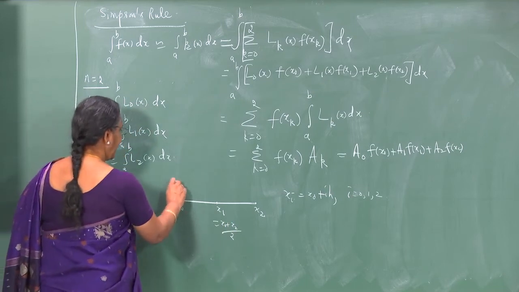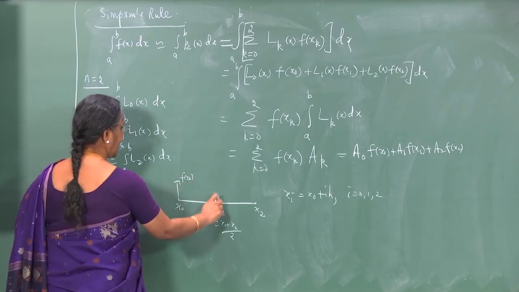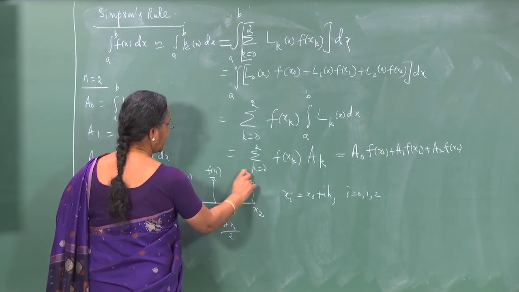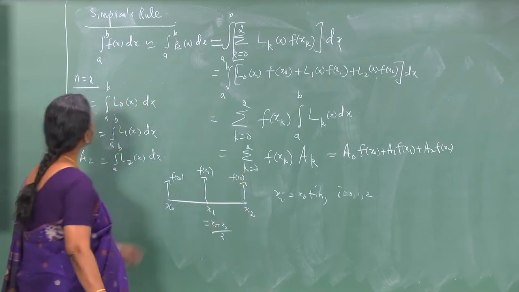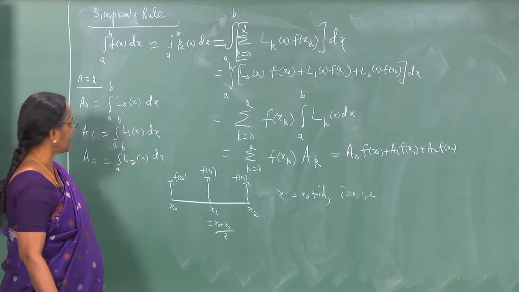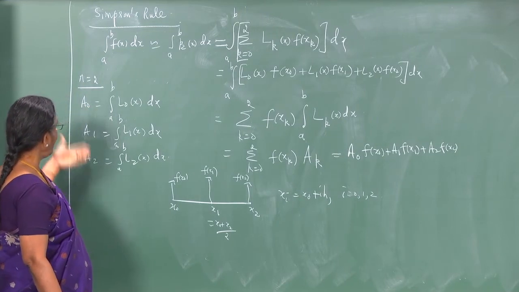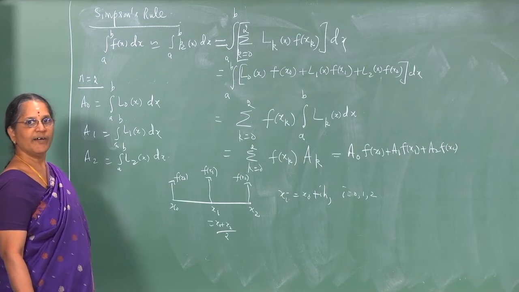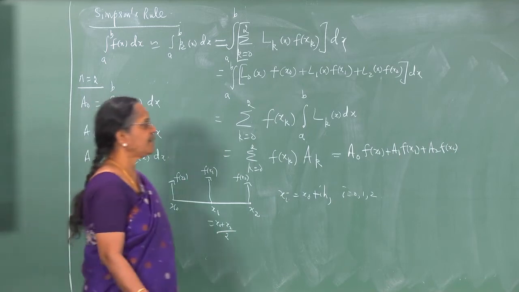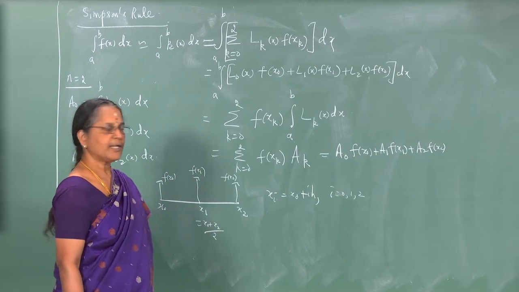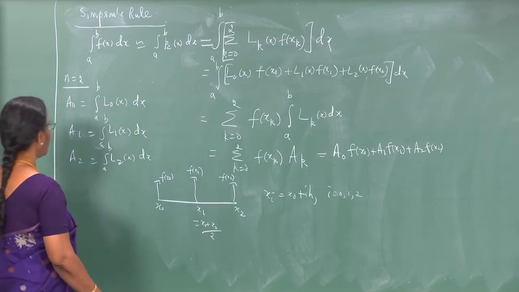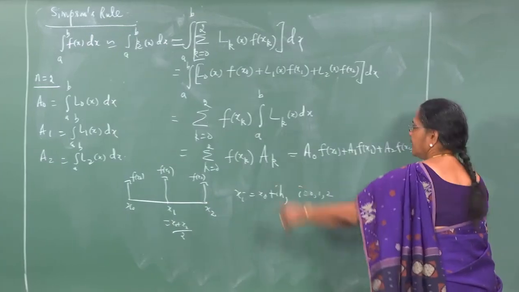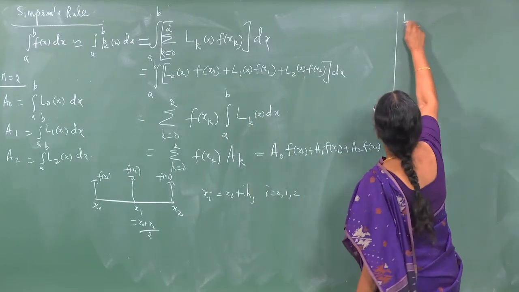I evaluate the ordinates at these points, since I know what f of x is. If I evaluate a0, a1, a2, then I will have the formula where f of x is approximated by a quadratic interpolation polynomial.